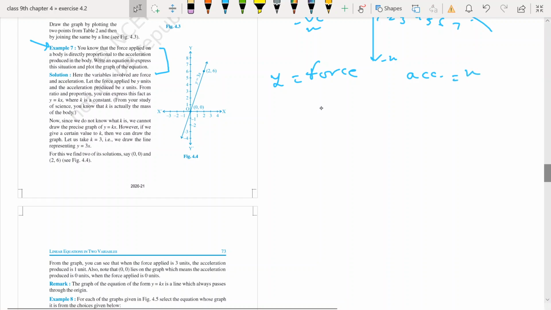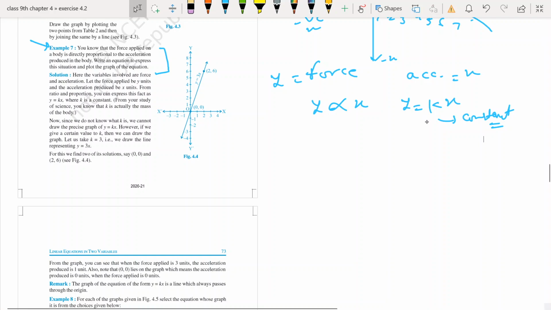He is saying that force is directly proportional to acceleration, then y is directly proportional to x, and when we remove the directly proportional sign, a constant k will come in, and this is a constant.